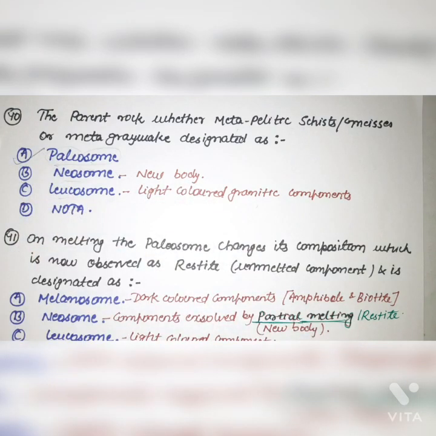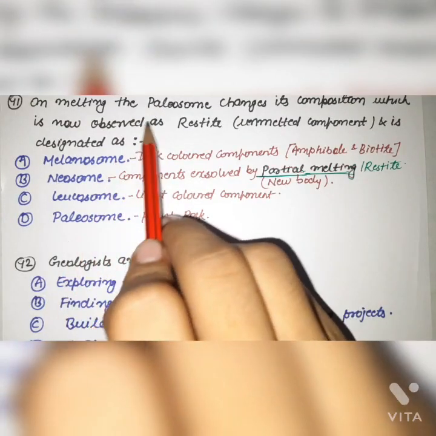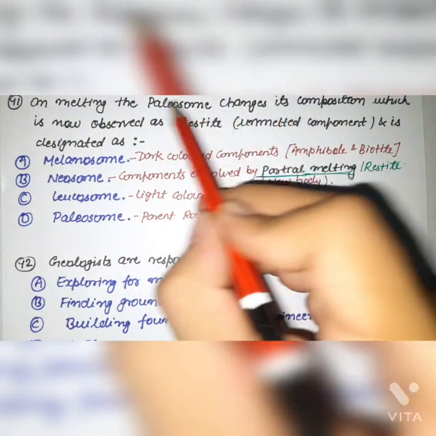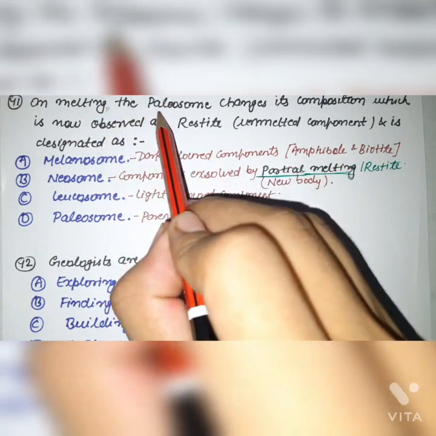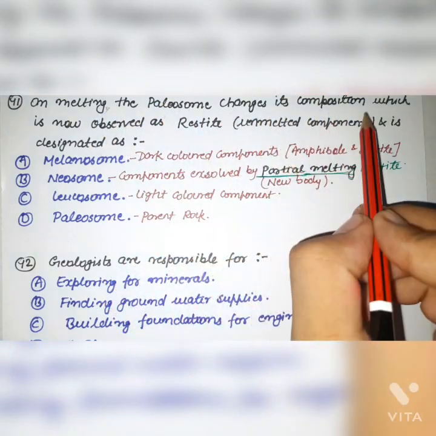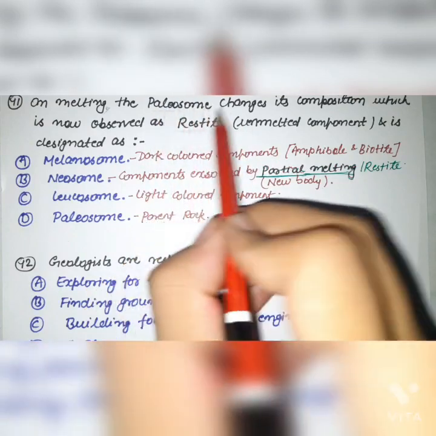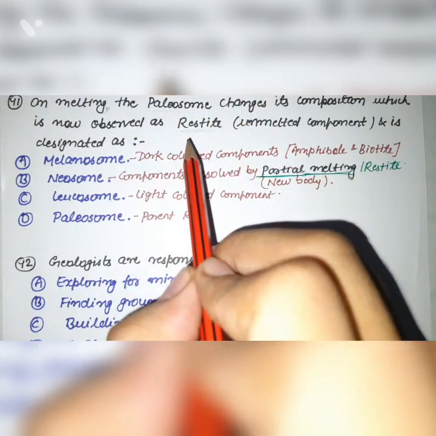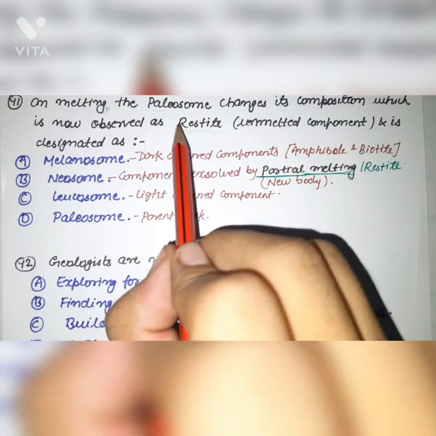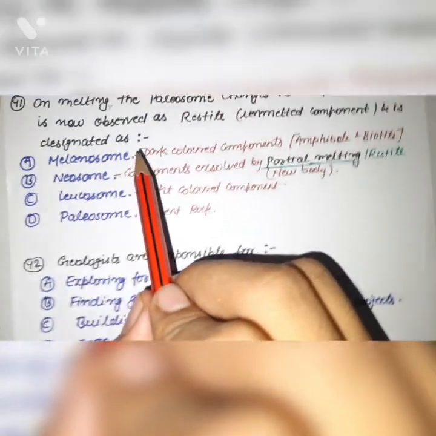Now, next question is, on melting, the paleosome changes its composition, which is now observed as restite. So paleosome changes its composition on melting, and the body that is formed is a new body.